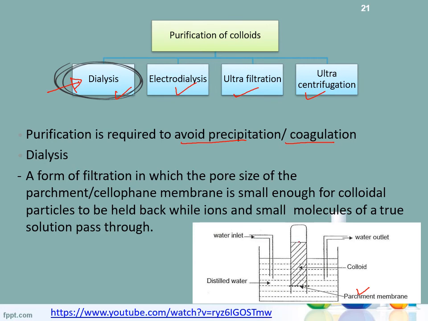We have here a colloidal solution, and inside there will be colloidal particles, and there will be impurities or electrolytes or small molecules inside this colloidal solution. What happens is only the ions or small molecules can diffuse through the parchment membrane.